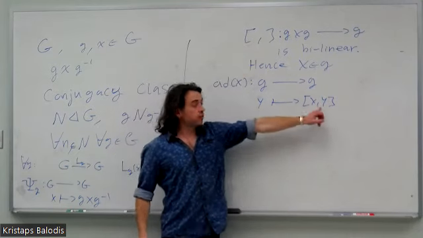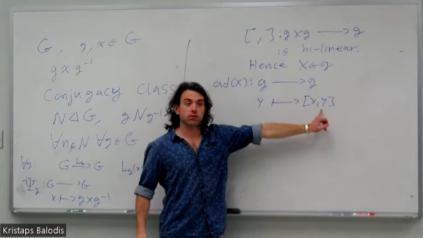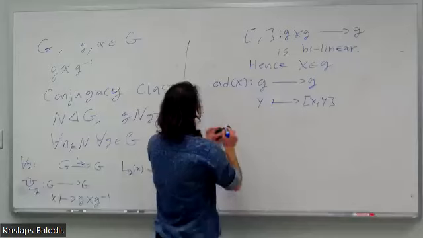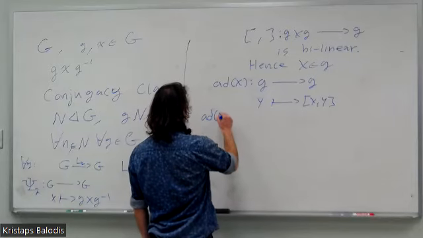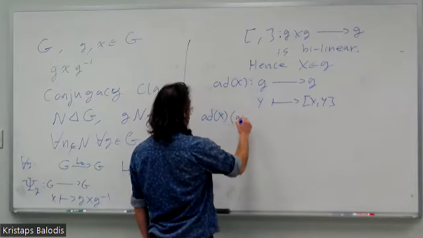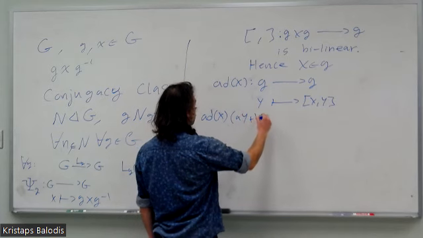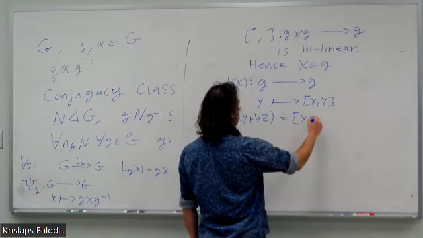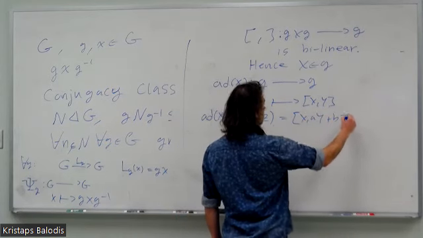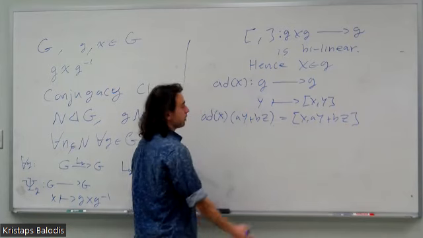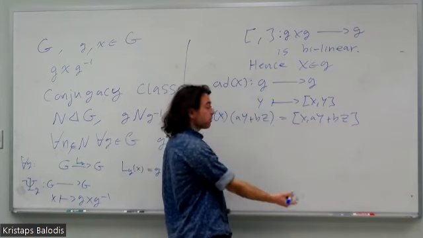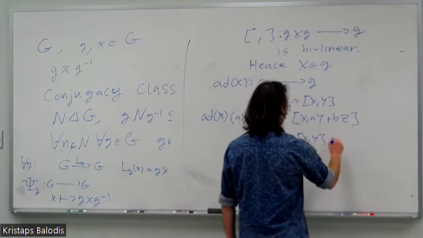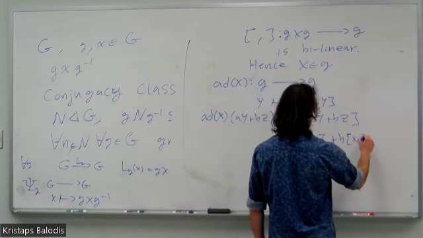But that means that it's linear in this second coordinate, right? If I have ad x of a y plus b z, that's going to be just x bracket a y plus b z, but by the bilinearity of this bracket, that is a x bracket y plus b x bracket z.